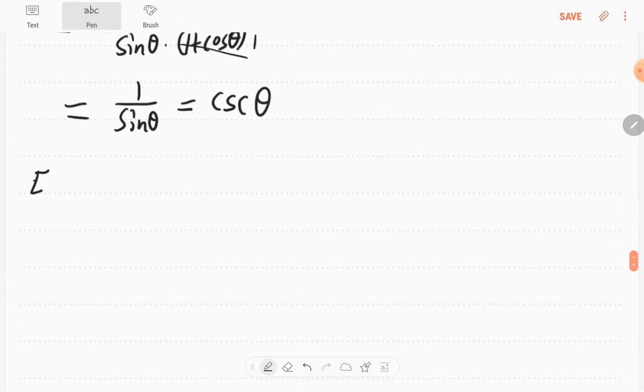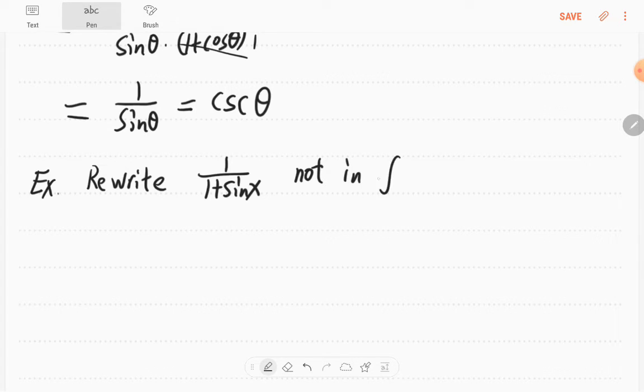Okay. The next one, we want to rewrite it not in fractional form. One over 1 plus sine x. Rewrite this one not in fractional form. Okay, we don't want to have the denominator, right?